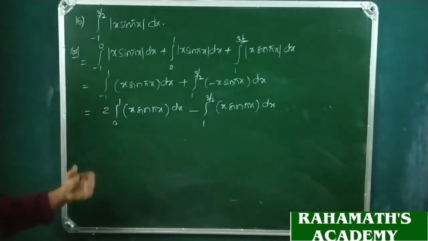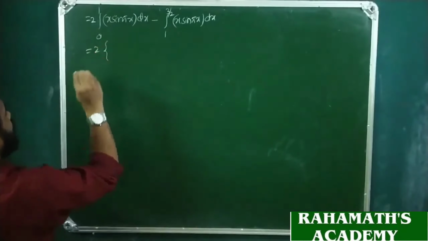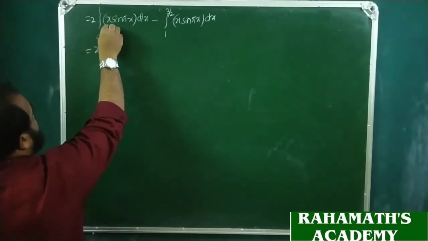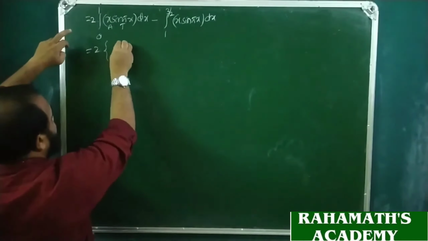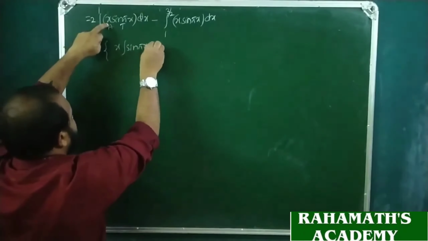Now we know how to do this problem. So 2 into, let us isolate. This is algebraic, this is trigonometry. So first function into integral of second function dx.